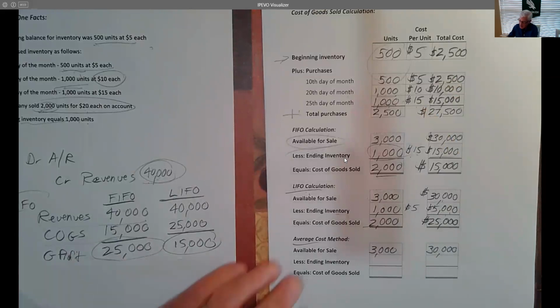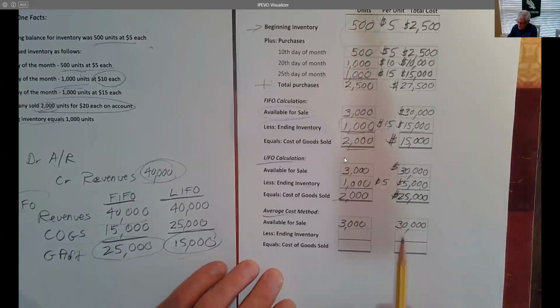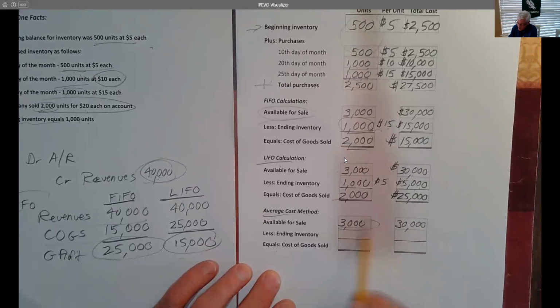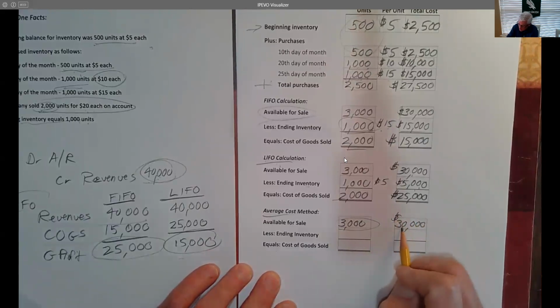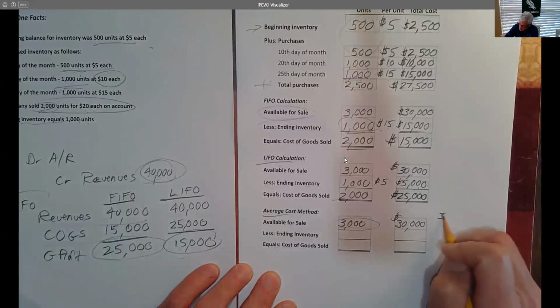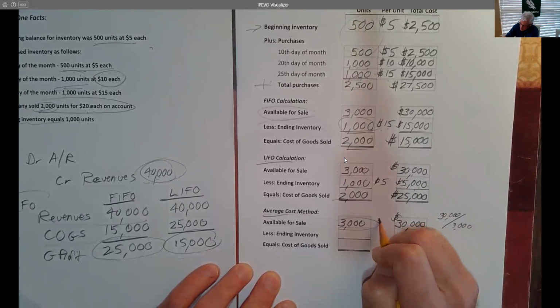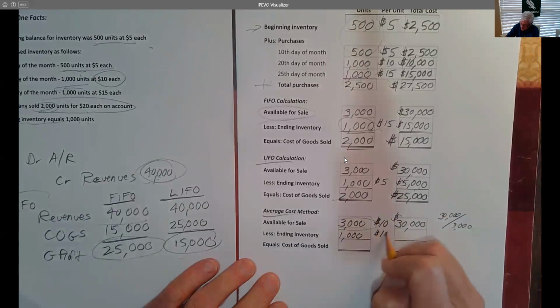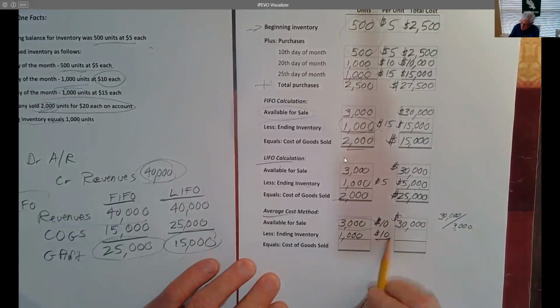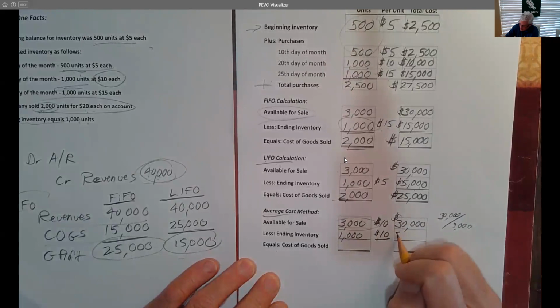So finally, let's look at the average cost method, really the easiest one. So what's the average cost in available for sale? $30,000 divided by 3,000 units, $10. So we take our ending inventory at the average cost of $10. 1,000 times $10 equals 10,000.